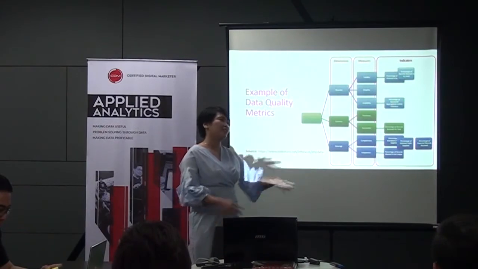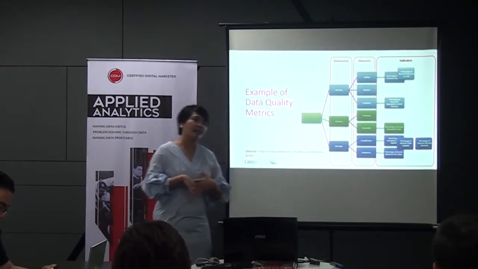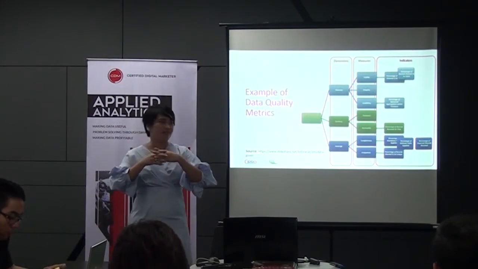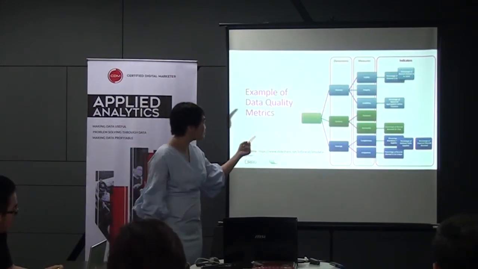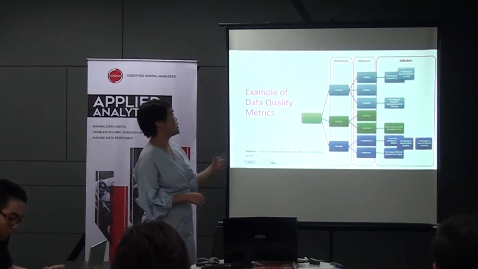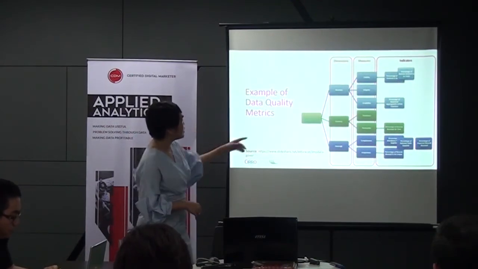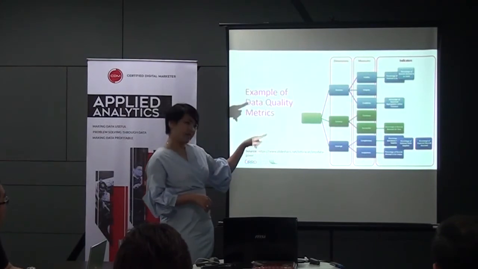What's the coverage? Are we only covering this region, or only local, and so on? And then the measures, of course, are pretty similar to what you've seen earlier for data governance. Validity, integrity, credibility.